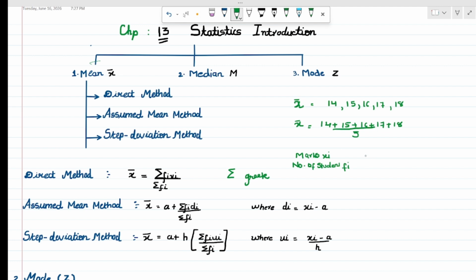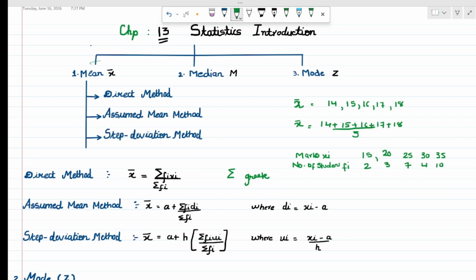Suppose you are given 15, 20, 25, 30, 35, and the number of students securing 15 marks are 2, 20 is 3, then 7, 4, and 10.